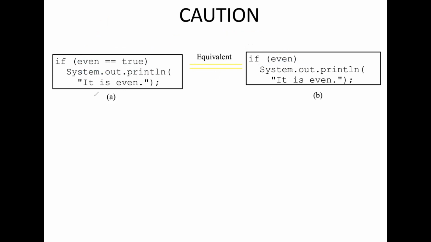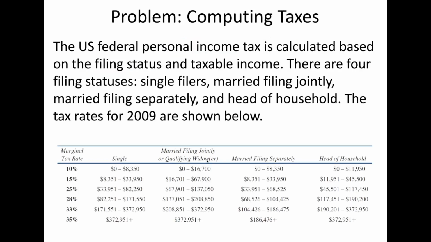Let's summarize the whole thing regarding this conditional statement with a problem. This is computing taxes based on 4 filing statuses, whether you're single, married filing jointly, married filing separately, or a head of household. So this is a tax rate table for 2009 with respective brackets. If we were to represent this entire table given these conditions, you can use if and else to capture them.